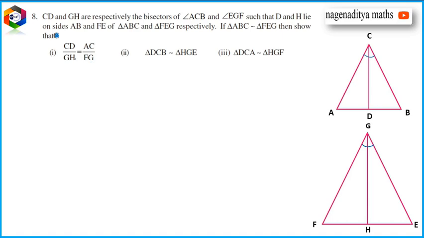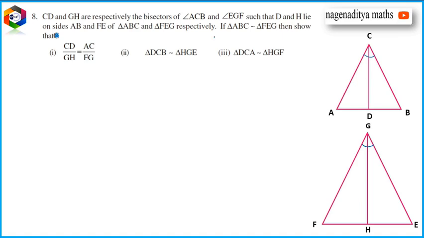For this we have to observe where CD is. So CD is here, and AC is here, and GH is here. So to prove CD by GH is equal to AC by FG, first we have to prove that the given two triangles, triangle ACD and triangle FGH, are similar.